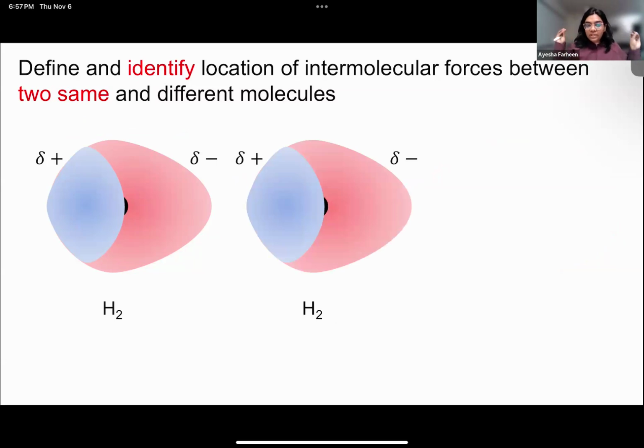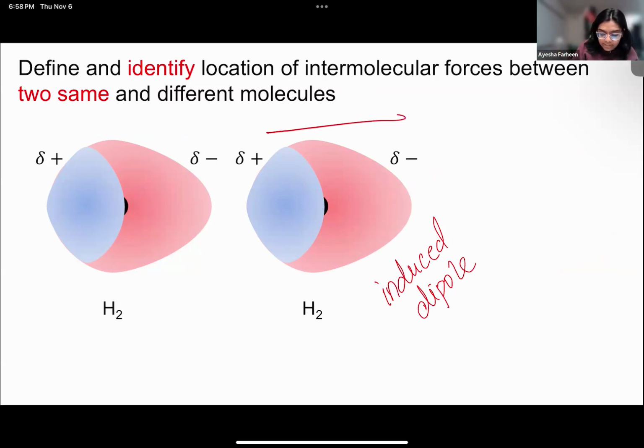As soon as it gets closer and closer, there is an induced dipole in our molecule on the right. What does this mean? It means because of the charge separation that occurred on that left hydrogen molecule, when that right hydrogen molecule came closer, it also established a temporary or instantaneous dipole.